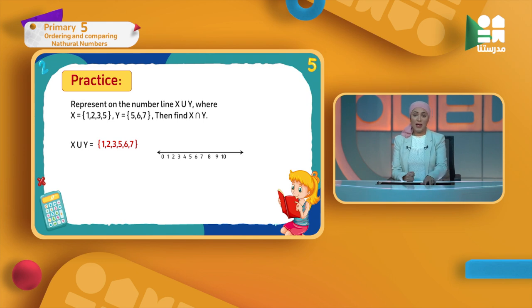So at 1 I put a dot, 2, 3, 4. Do I put anything on 4? Of course not, because it's not inside this set. So I will ignore 4, then I will take 5, then 6, then 7. Now I have put my dots in their places.